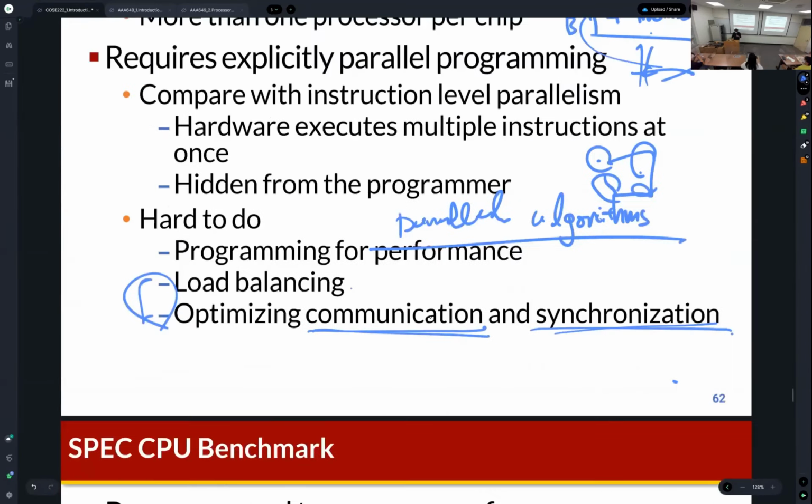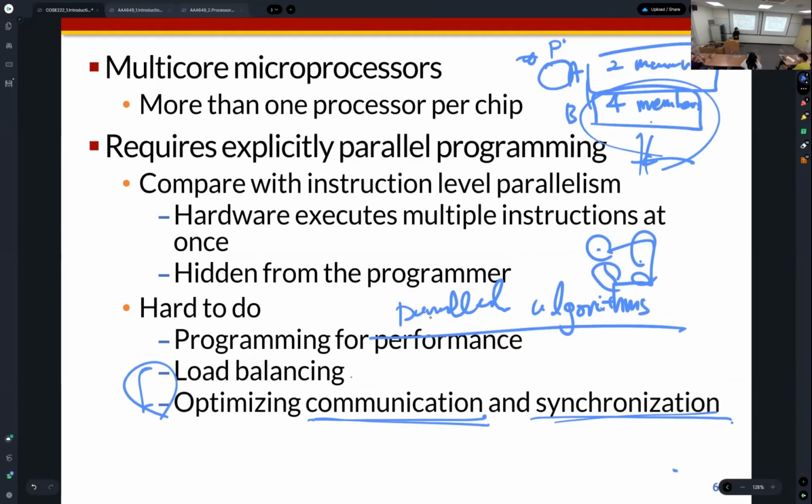So in chapter 1, we learned how to measure the performance of a computer CPU, right? We can measure the performance of a certain CPU by comparing it with the performance of another CPU, a baseline CPU.